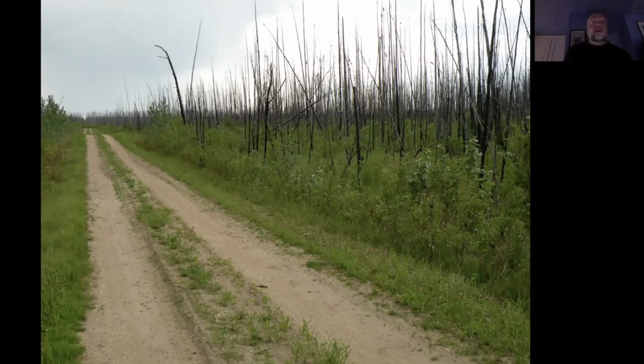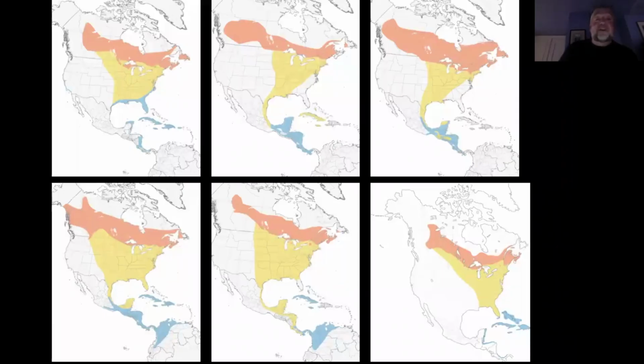So I'm going to do this several times tonight. I'm going to show you a number of range maps, and if you want to quiz yourself, you can try and figure out what some of the birds are. But the point of these 6 maps together is all of these are birds whose nesting area is restricted to the boreal forests of extreme northern US and Canada, a little bit different areas, but these are ones that you've got to go to the north to find them nesting.